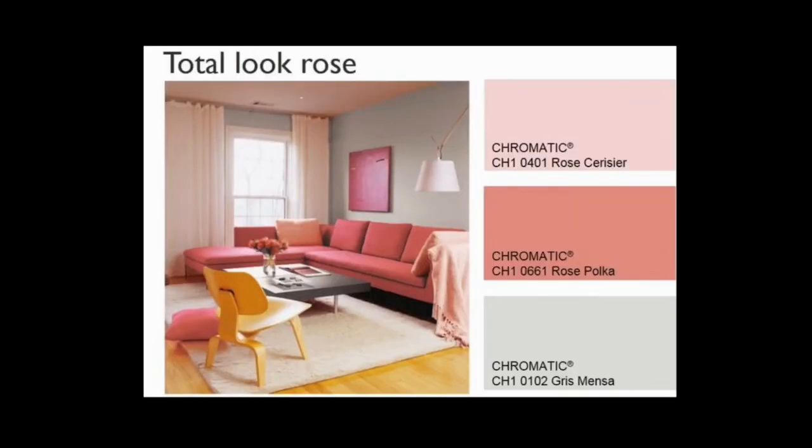So this is a great example of that. You have your green and you're just adding black or white, so it's different values. So if you look at this rose, we have an interior designer that has created a room with these colors. If you notice, we have our rose, and it's just different colors.